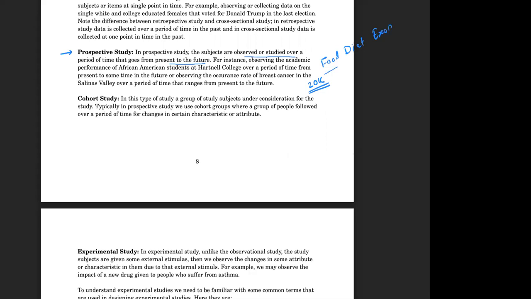They observed their food, diet, and exercise habits over a period of time, and they observed things like how many of them developed diabetes, or how many of them had a heart attack, or some other disease, could be cancer or whatever it may be. This is an example of a prospective study, where you take a certain group of people, a sample from your population, and study them over an extended period of time and observe some outcomes.